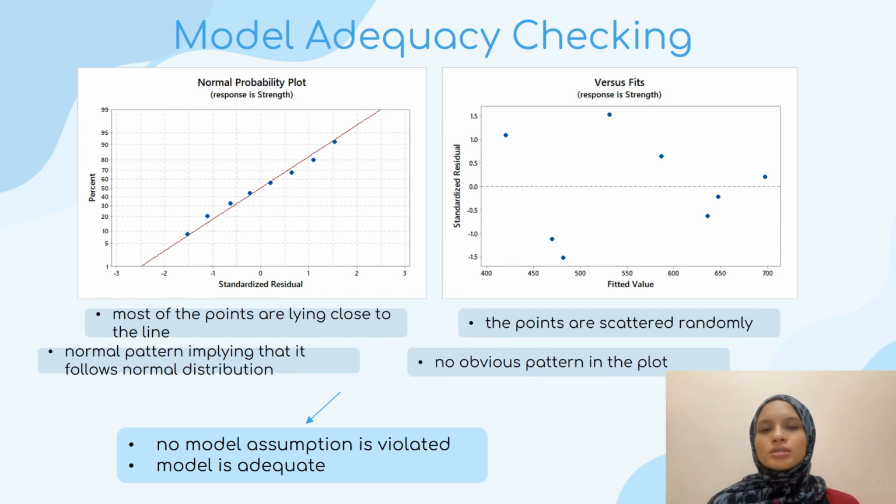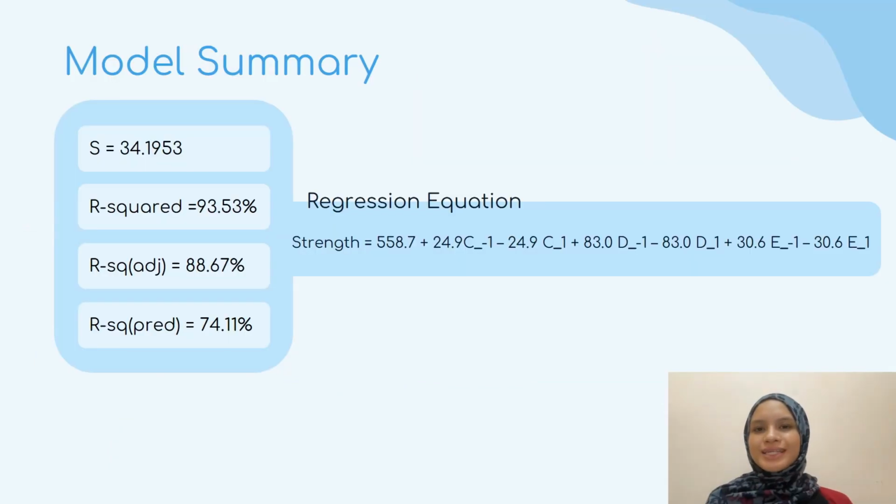Therefore, no model assumption is violated, so the model can be considered adequate. Finally, this is the model summary with the R squared equal to 93.50%, and besides that is shown the regression equation for the ceramic strength in this model.